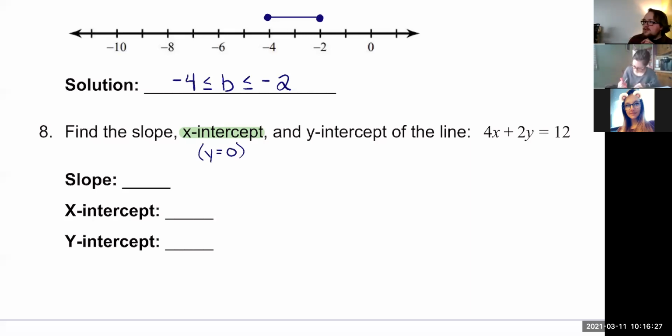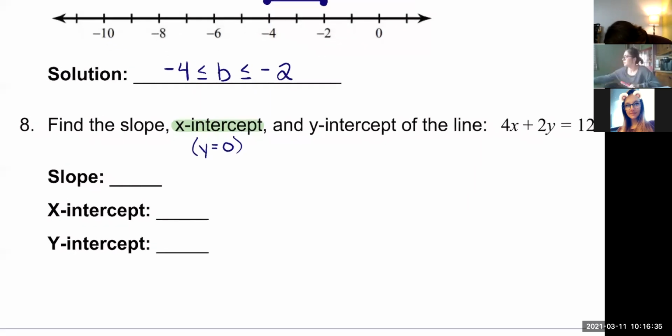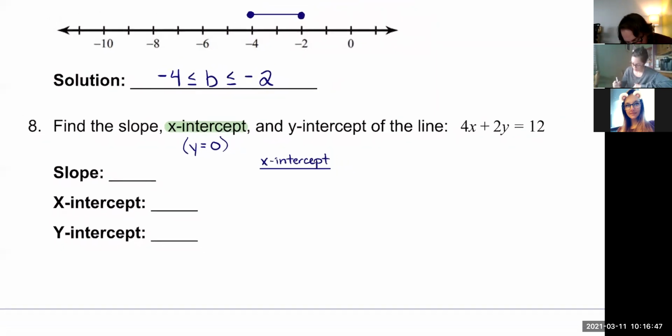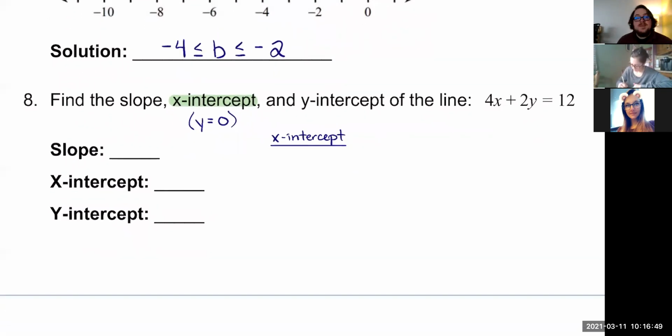Every y-coordinate for every point on the x-axis was always 0. And it was because of that fact that we could then say, to find the x-intercept, all we had to do was take the equation we were given and replace the y with a 0.